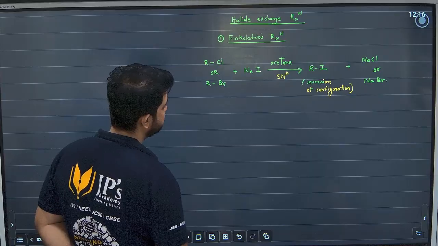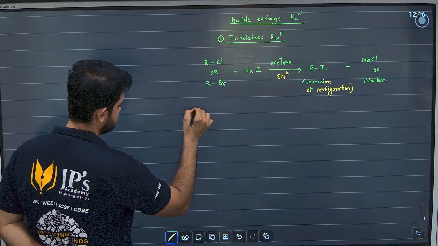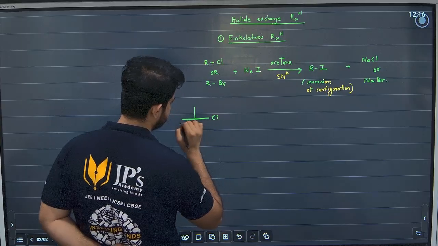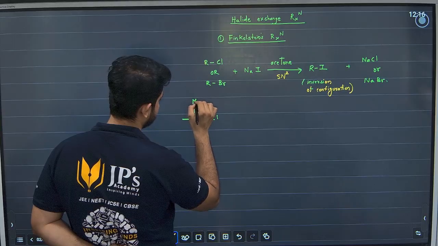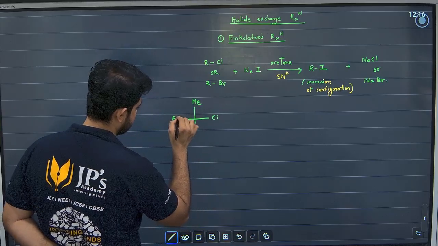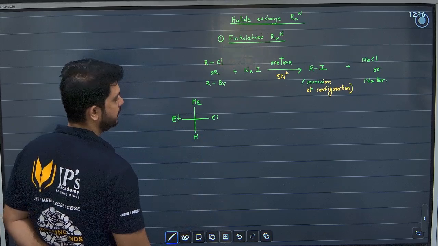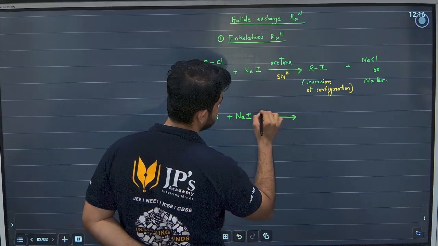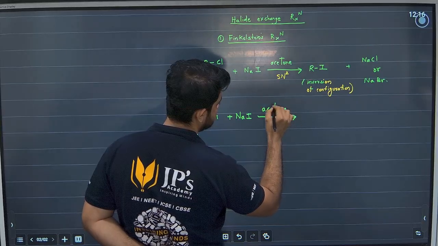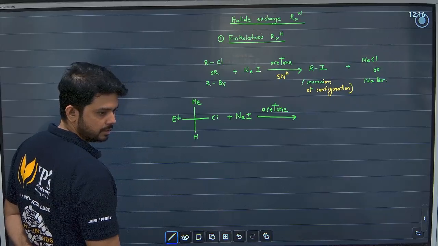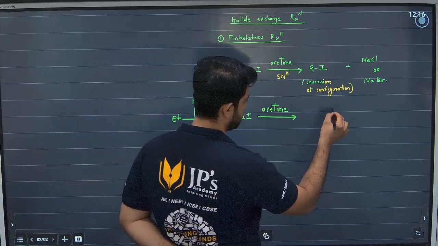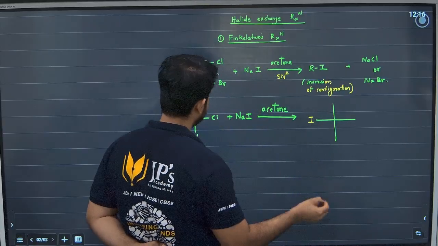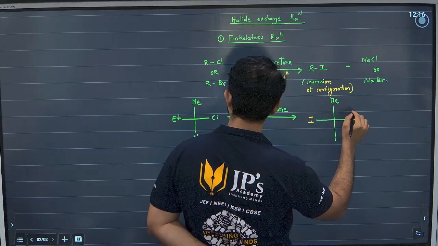एक एग्जाम्पल लेते हैं इसका. Let's say we have something like this. ठीक है, and NaI in the presence of acetone. मेरा प्रोडक्ट कैसे दिखेगा? क्या कर दो यहाँ पे? ठीक है, 100% inversion of configuration.